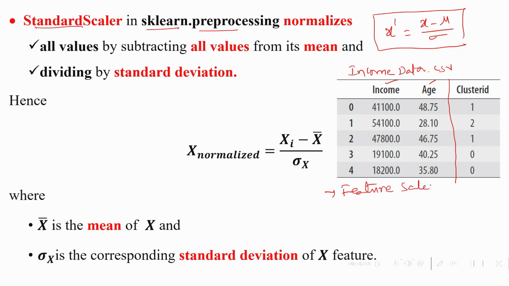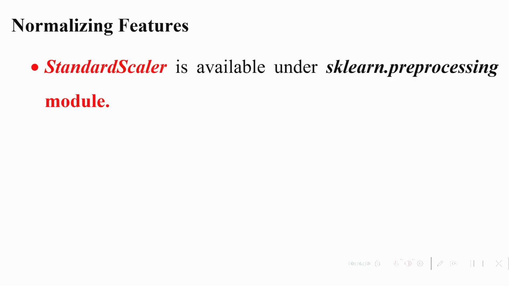On that data set, we then apply our model, the k-means algorithm, in order to find the corresponding cluster ID of our data set. So here, normalizing features: StandardScaler is available under the sklearn.preprocessing module.